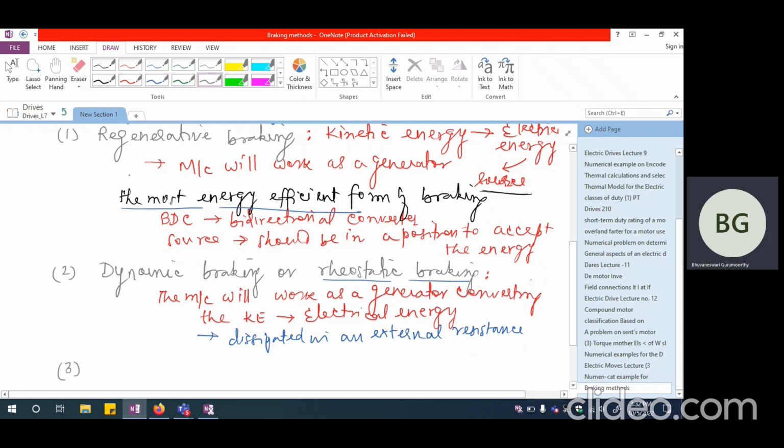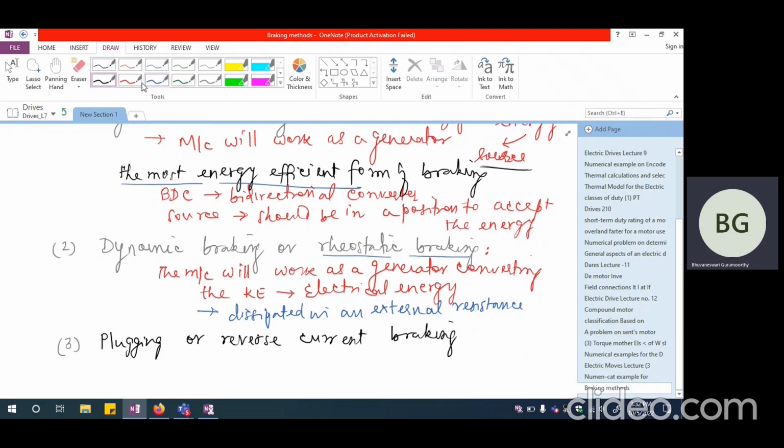The third type of braking is called plugging, or reverse current braking. What you are going to do is connect the source in the opposite sense.